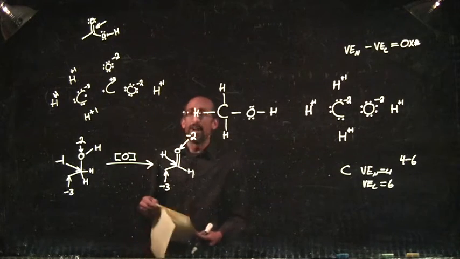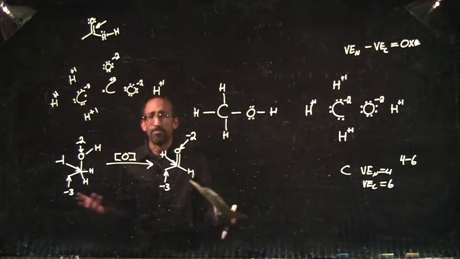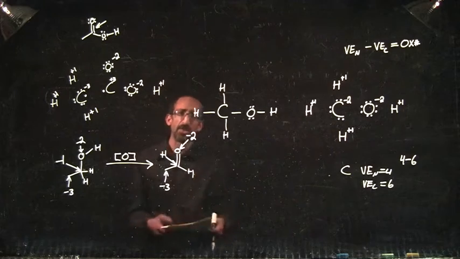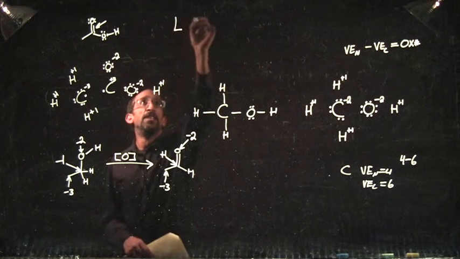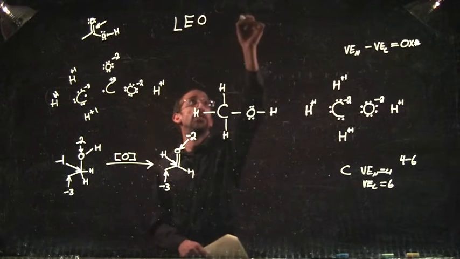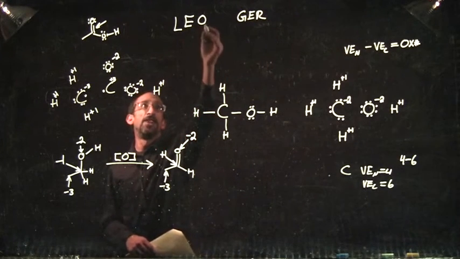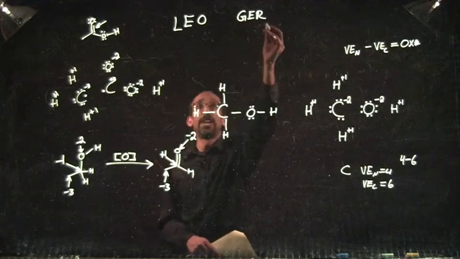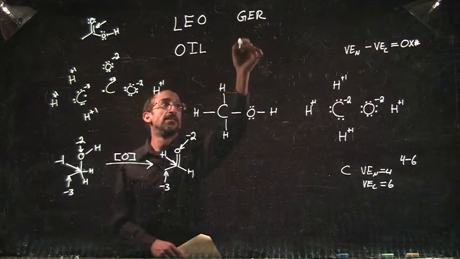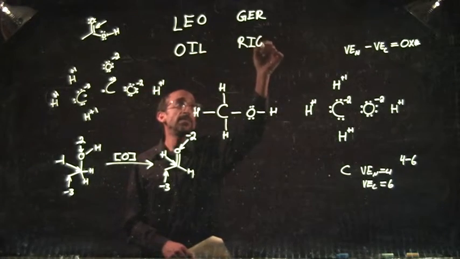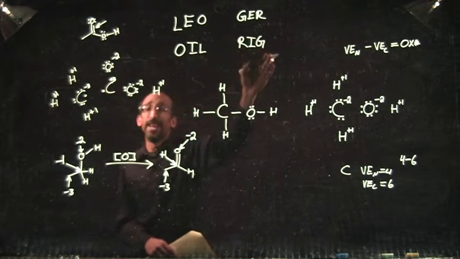And so going back to this concept of losing and gaining electrons, I'm sure in your secondary school chemistry classes or in Gen Chem, you probably learned one of these two mnemonics. You either learned LEO goes GER, which stands for losing electrons is oxidation, gaining electrons is reduction, or you may have learned OIL RIG: oxidation is losing electrons, reduction is gaining electrons.